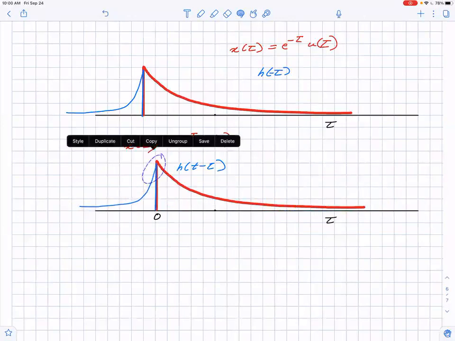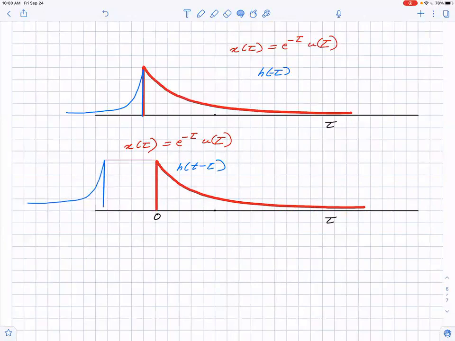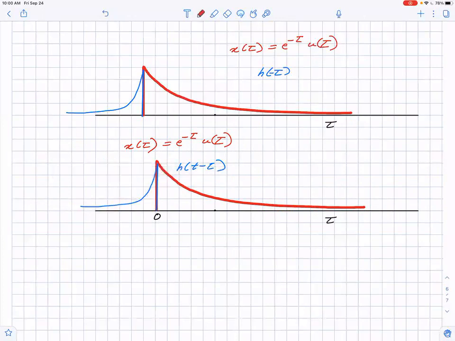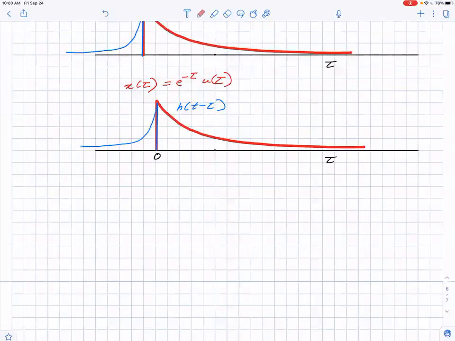There is one important time value that we should notice, we should mark, and that is 0. When shift is less than 0, there is no overlap. When shift is greater than 0, there is an overlap. So let's write down just one important shift value, and we'll call it boundary.